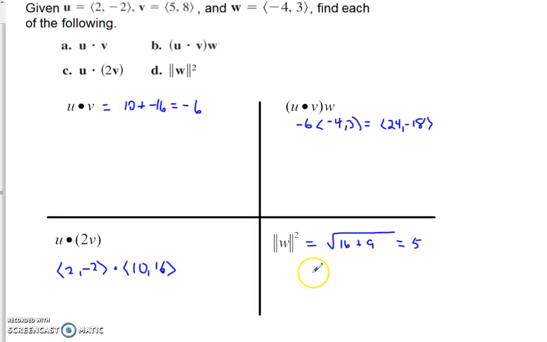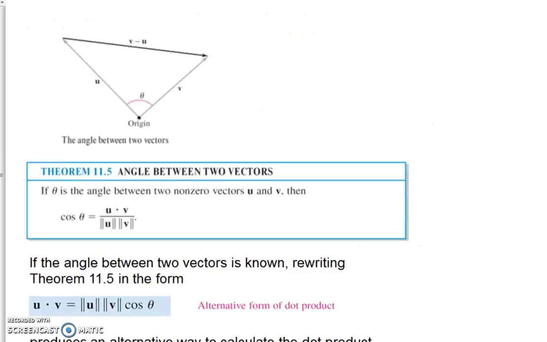Now you might want to go ahead and try this, see what you come up with. Excuse me. We still have to square that. So that's 25. And you may want to take w dot w and see what you get. Alright. Moving along.